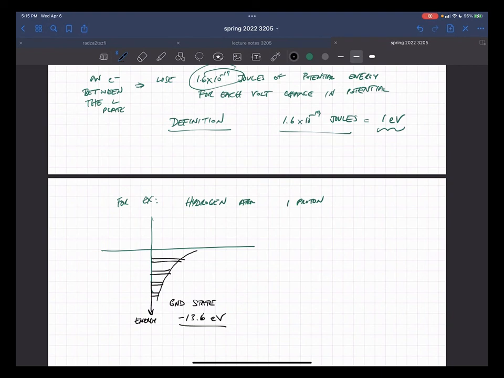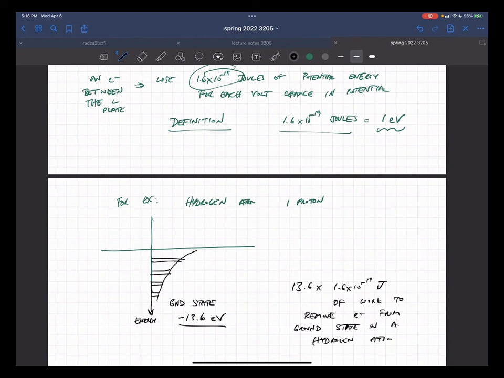Okay, and so it means that if you want to liberate the electron, if you want to ionize that hydrogen atom and shoot the electron away, you have to do 13.6 times 1.6 times 10 to the minus 19 joules of work to remove the electron from the ground state in a hydrogen atom.